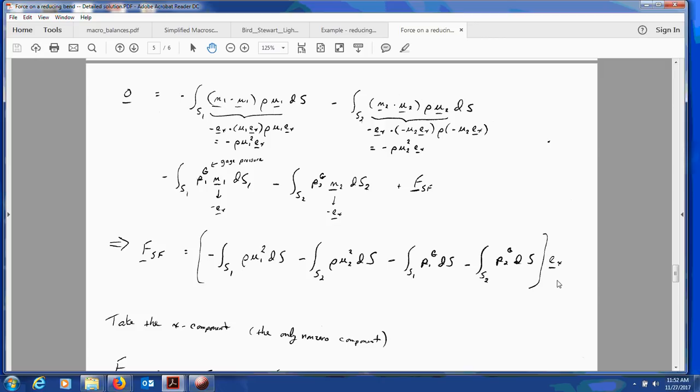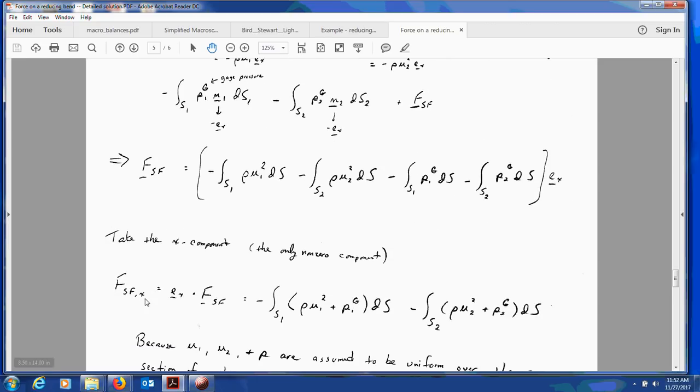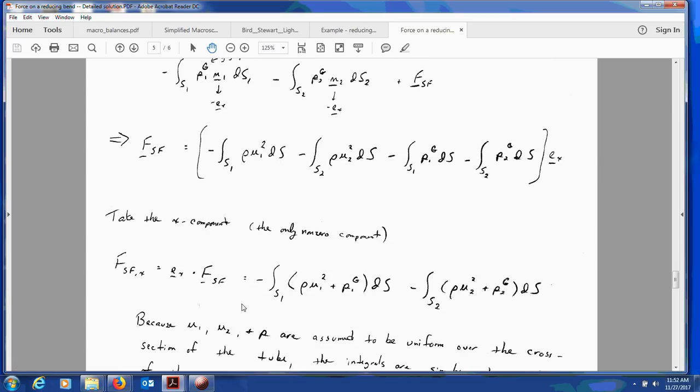There's no y component in this equation, so we can simply take the x component of the equation by dotting everything with the x unit vector, and we find that F_SF in the x direction is simply equal to minus the integral over surface 1 of rho u1 squared plus p1 gauge, minus the integral over surface 2, rho u2 squared plus p2 gauge.